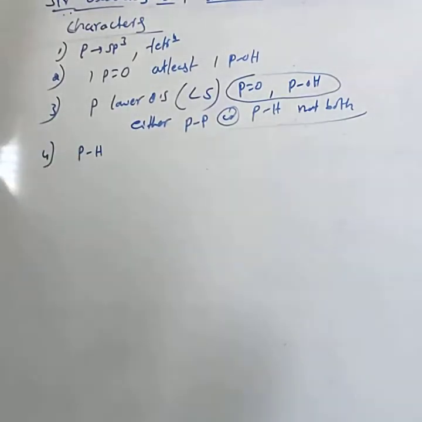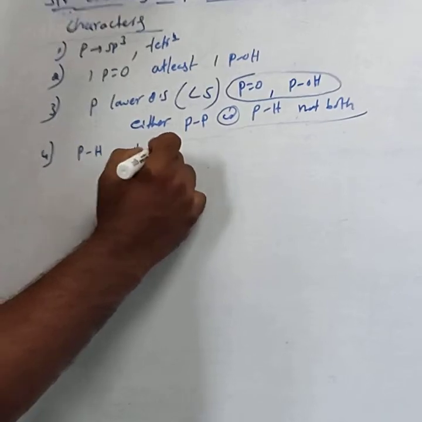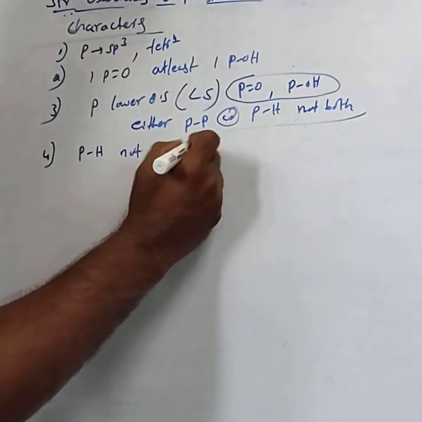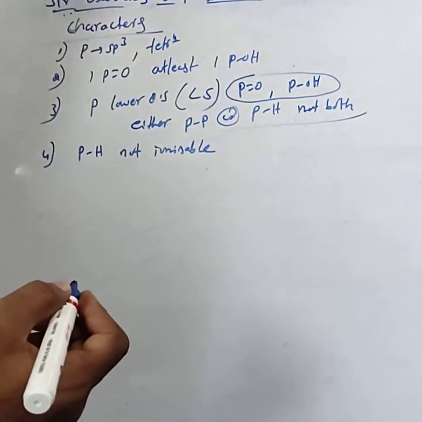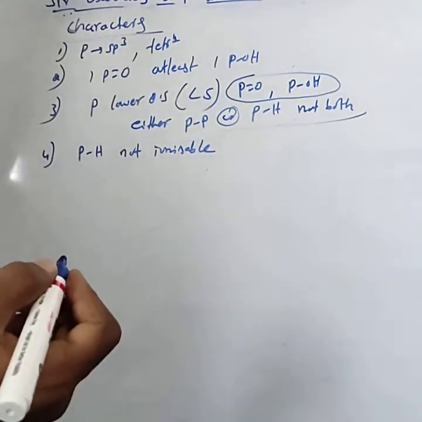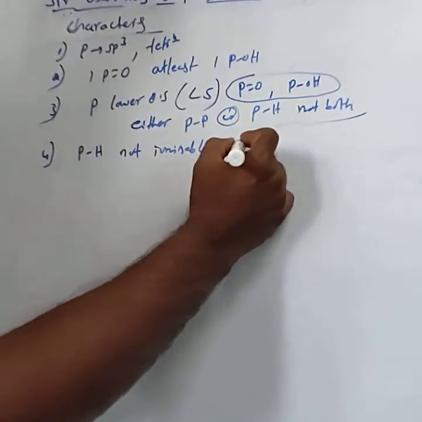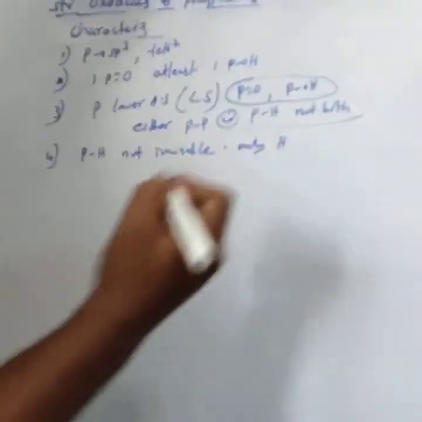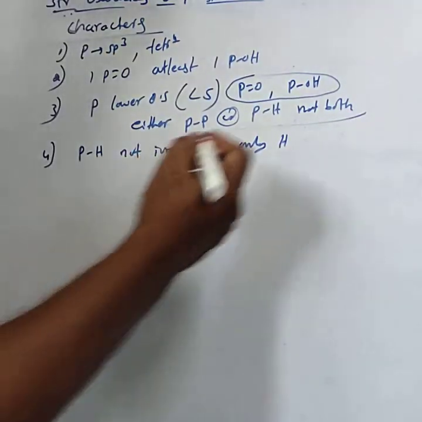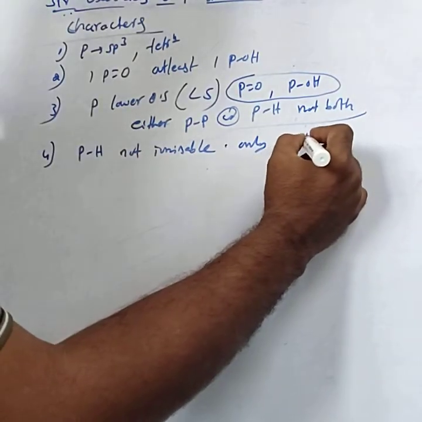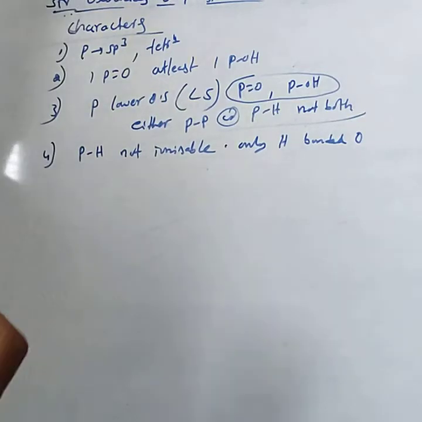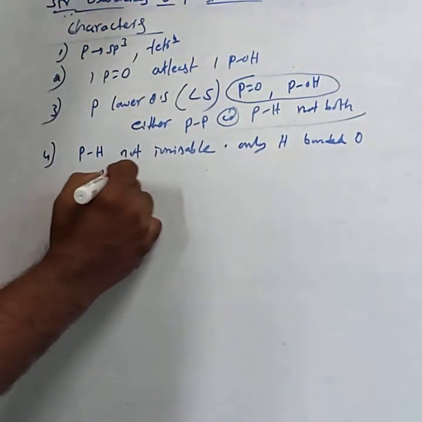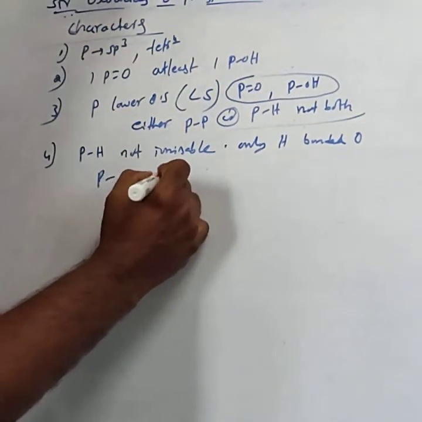Then the next point is PH bonds. PH bonds are not ionizable. They do not decide the basicity. PH bonds are not ionizable to give the H+ ion. Only the hydrogen atoms which are bonded to oxygen, in POH, are ionizable.